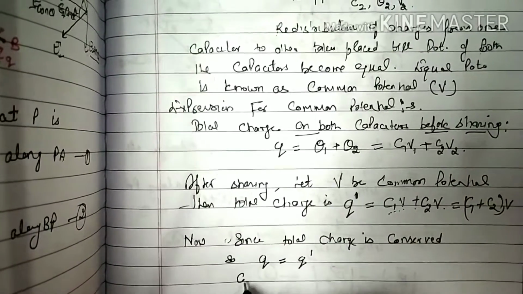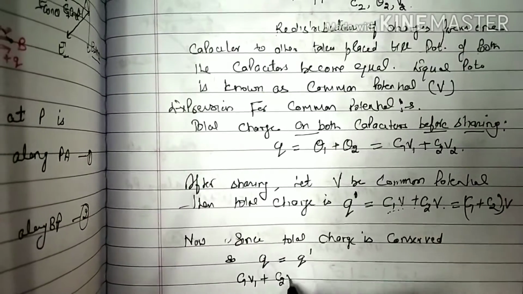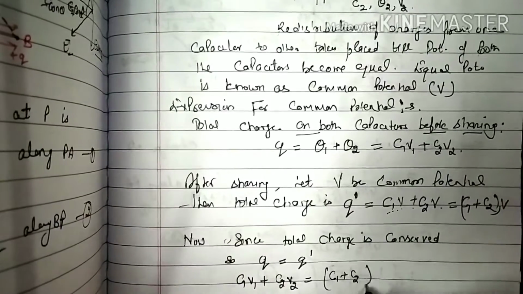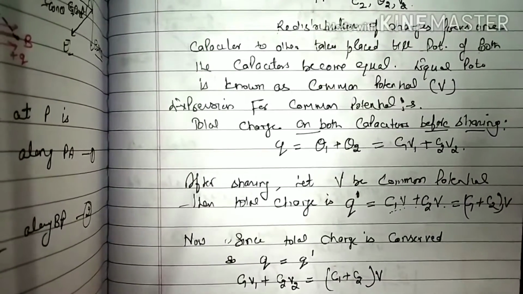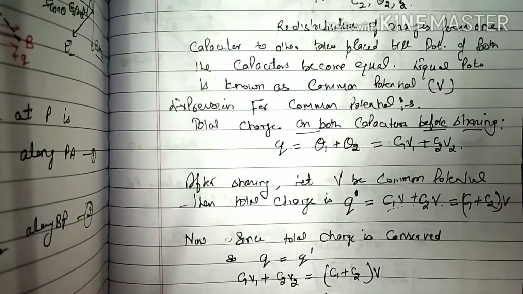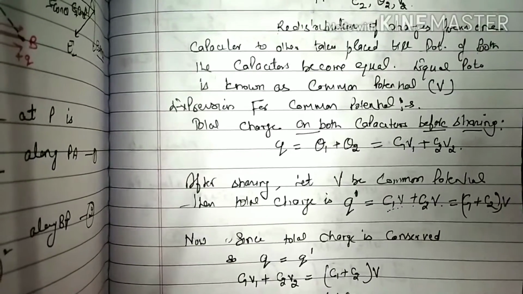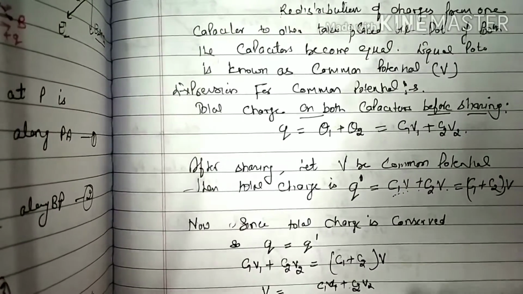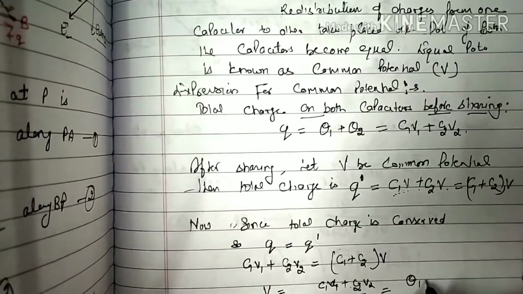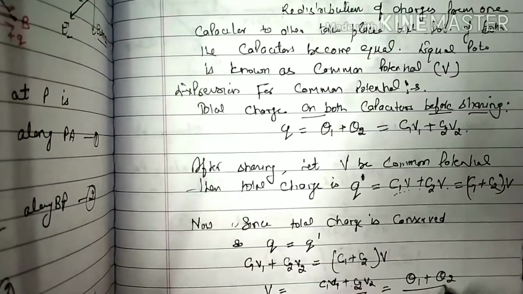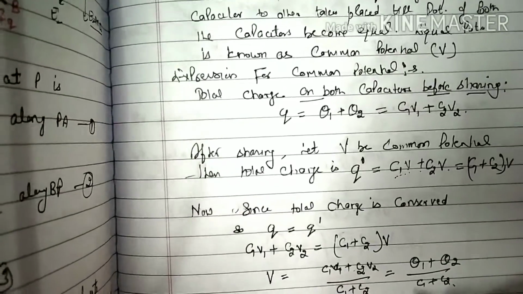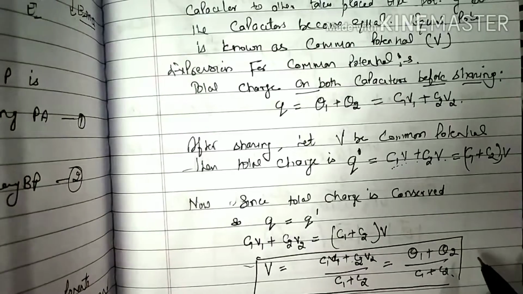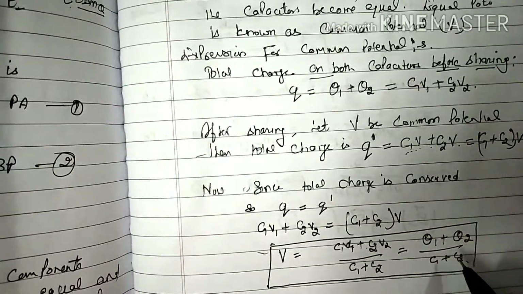So C1 V1 plus C2 V2 before sharing is equal to (C1 plus C2) into V. So V is equal to C1 V1 plus C2 V2 over C1 plus C2, and furthermore we can write Q1 plus Q2 over C1 plus C2. So this is our common potential.